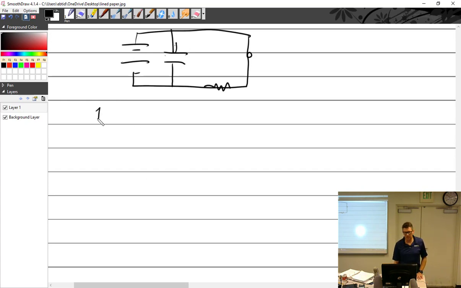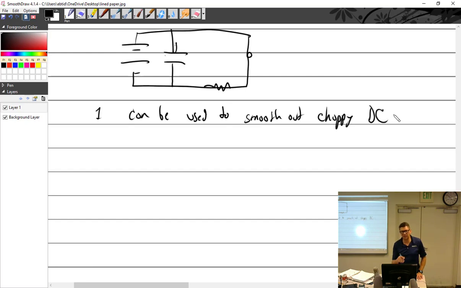So we'll say act as reservoir. It can be used to smooth out choppy DC. It's not a very straight line. Maybe it's out of a generator or something where it's not exactly straight. That'll help straighten it out.